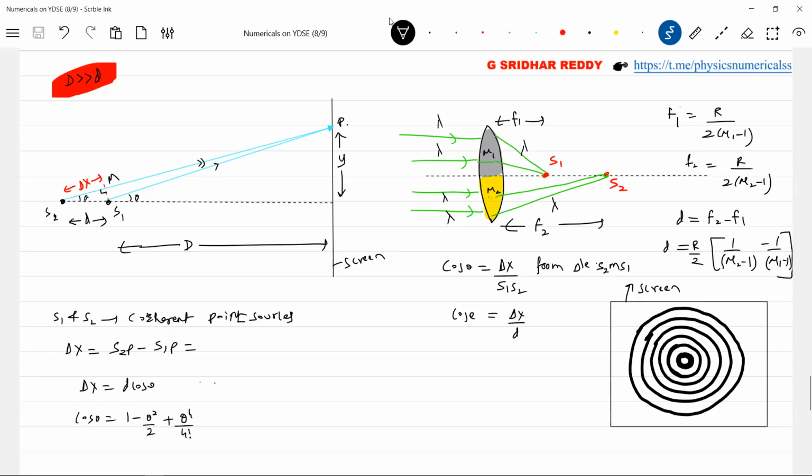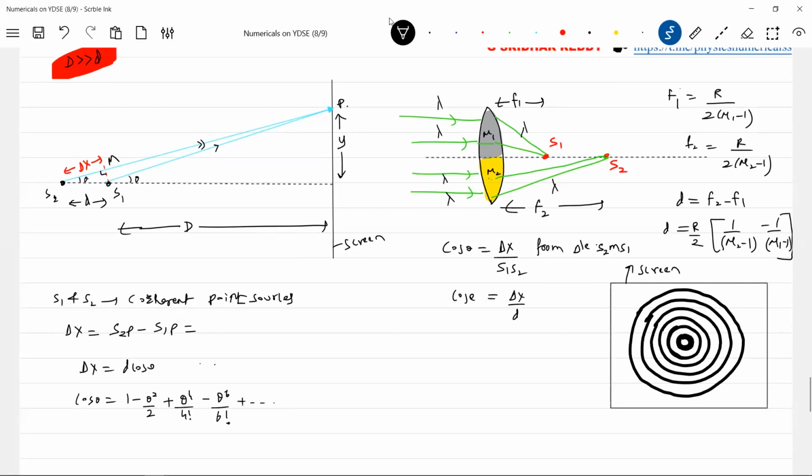Shall I proceed with this? One minus theta square by 2 factorial plus theta 4 by 4 factorial minus theta 6 by 6 factorial. Now theta is very small, so higher order terms we can neglect. So this will finally be this.